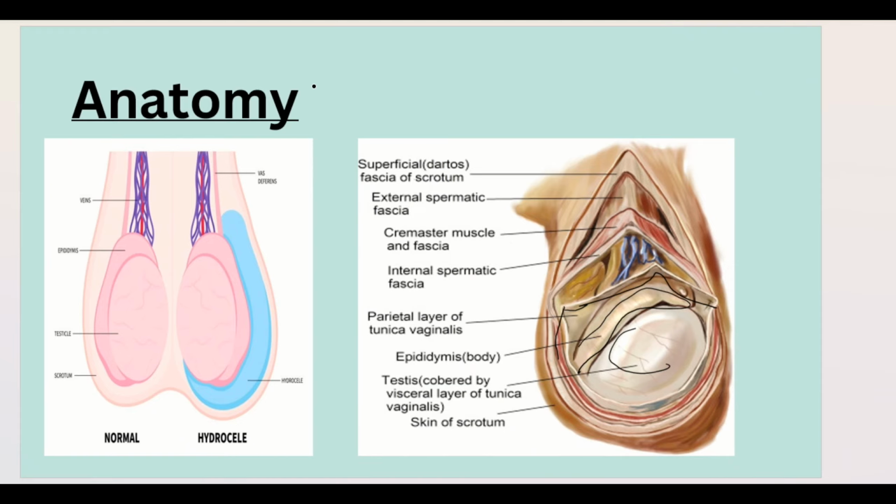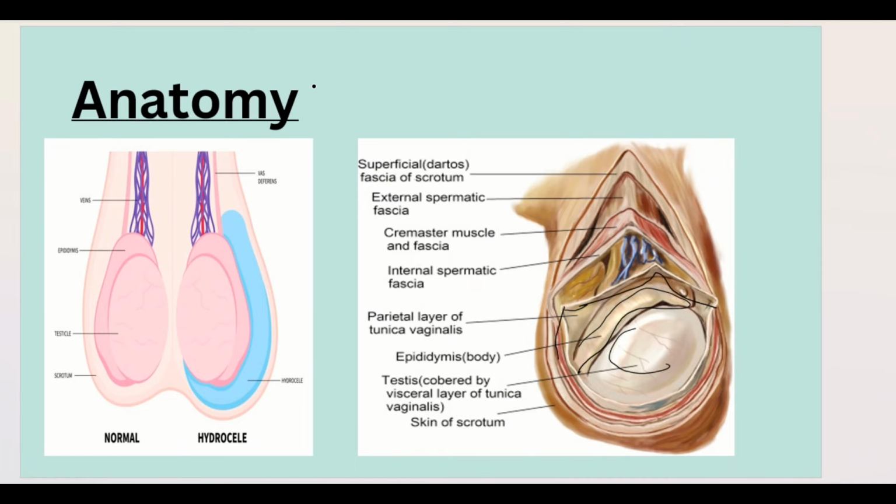So, if due to any reason there is fluid accumulation between the two layers of the tunica vaginalis, the condition is known as hydrocele. So here you can see different layers of the scrotal wall.